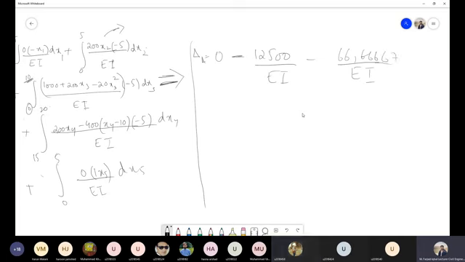And what is this third one? Minus 12 into 500 over EI. So that is delta A. So what is the final delta A?